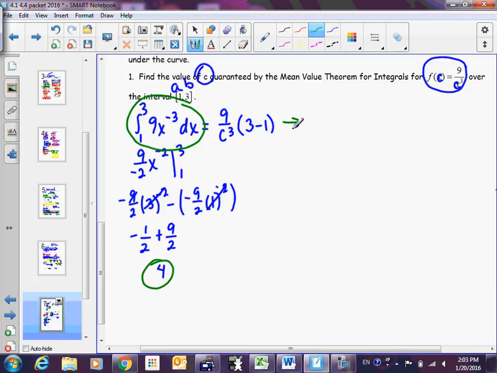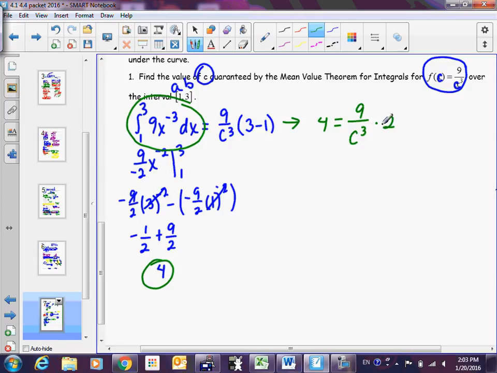Okay, so I'm going to go over here and let's rewrite it. 4 equals 9 over c cubed times 3 minus 1, let's go ahead and just call that 2. And this is an equation to solve. So again, with a calculator, you should just use the solve feature in your home screen. Without a calculator, we got to use algebra skills.